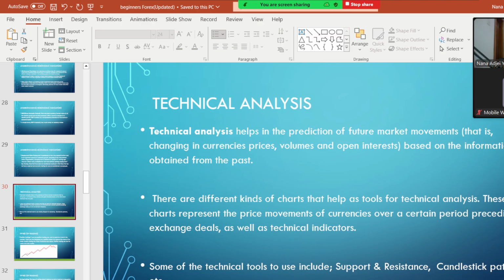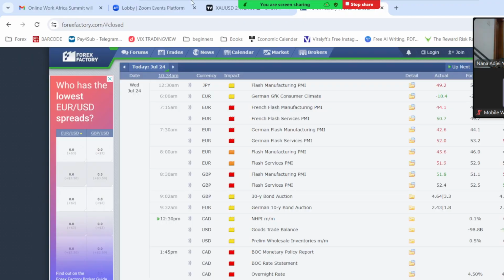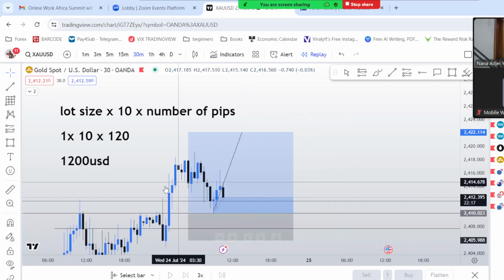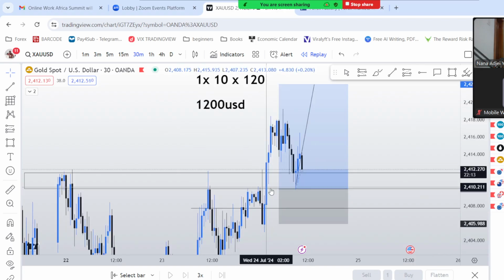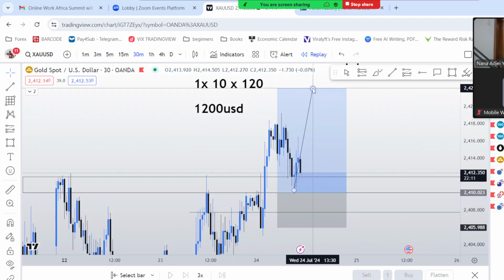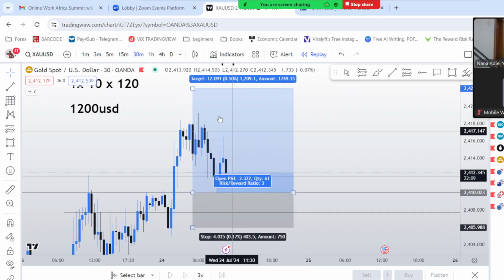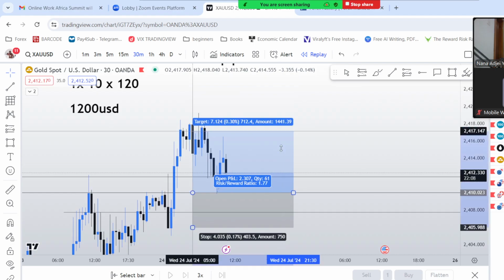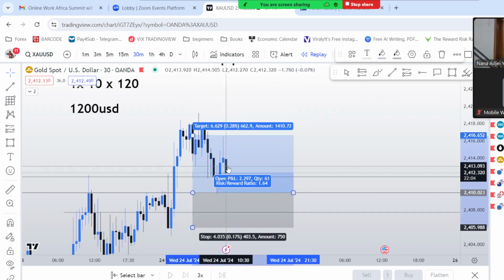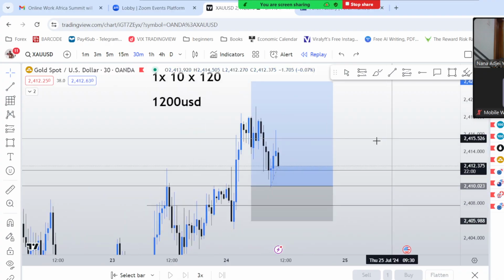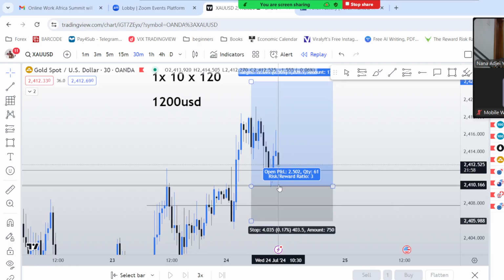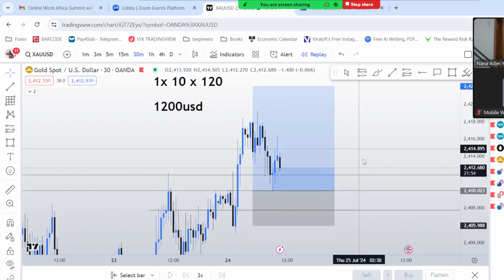Let's say for example I have made my analysis over here and I'm expecting gold to continue to push up. Right now it's currently selling. It pushed into profit of around 60 pips, and now it's dropping at the moment. You can see that gold is approaching my entry level, which is in between my risk reward tool that we see over here.